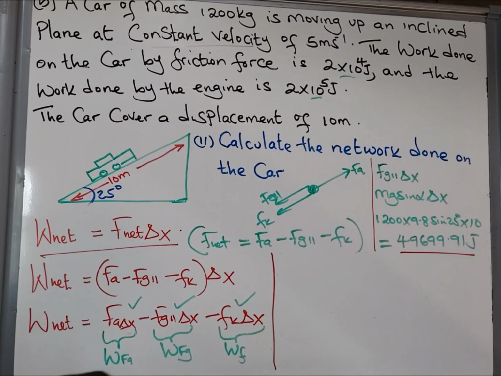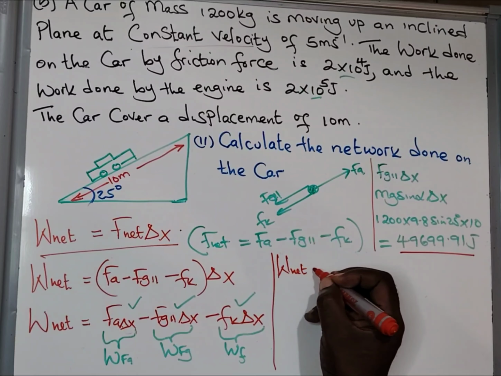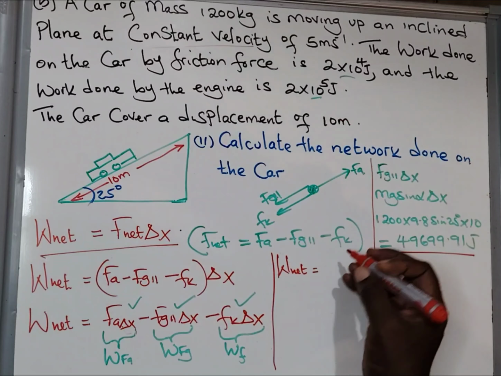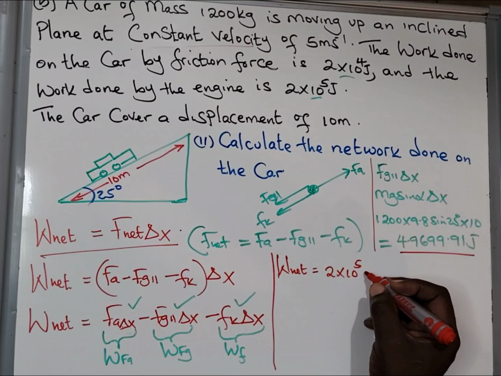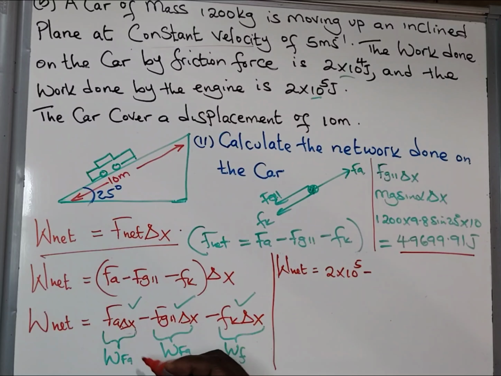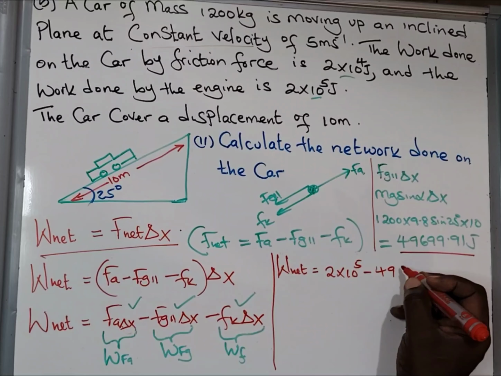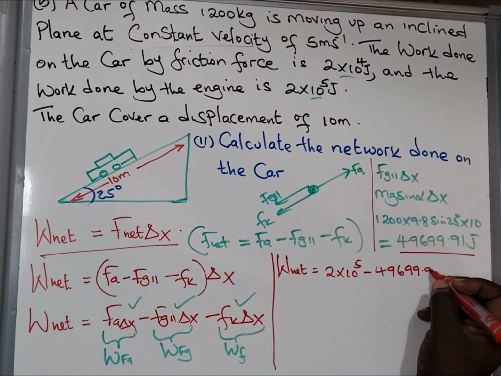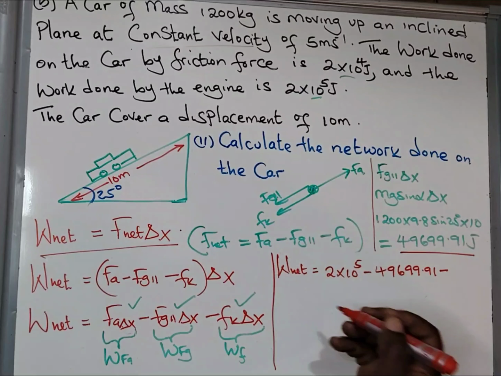If this is our net work done, then what is work done by applied force? It is 2 times 10 power 5, minus, what is work done by gravitational force? It is 49699.91, minus, what is work done by friction force?